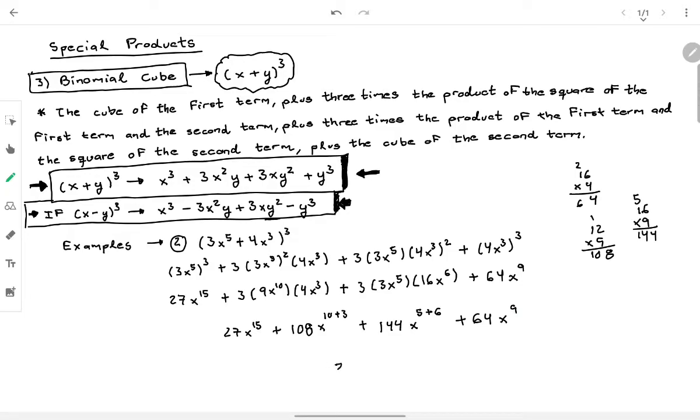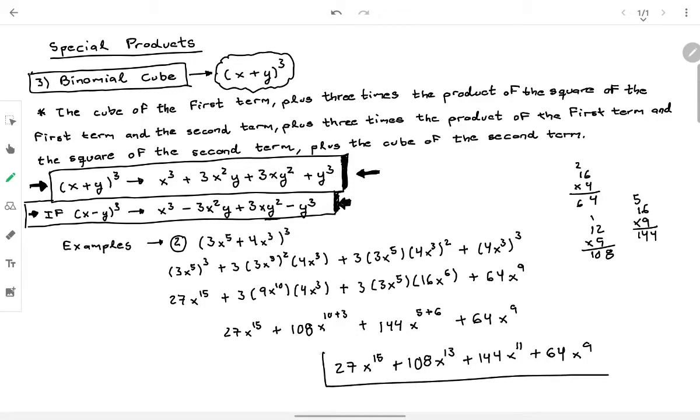So the final answer will be 27x to the 15 plus 108x to the 13 plus 144x to the 11 plus 64x to the 9. And that will be the final unordered answer of this specific exercise.